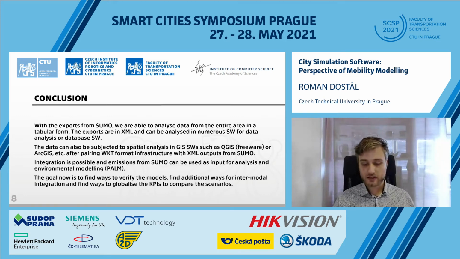After pairing the data from SUMO, that's the well-known text and the XML outputs, the integration of mobility modeling with the environmental modeling, which in this case was PALM and SUMO, is possible through an intermediate, which was in this case QGIS. The goal now is to find ways to verify the models, to find additional ways for intermodal integration, and to find ways to globalize the KPIs to compare the scenarios easily.